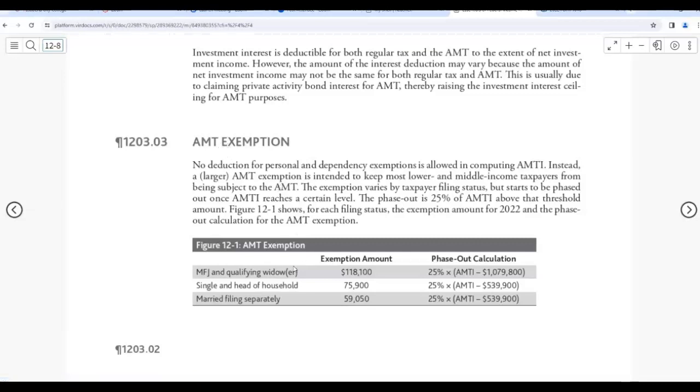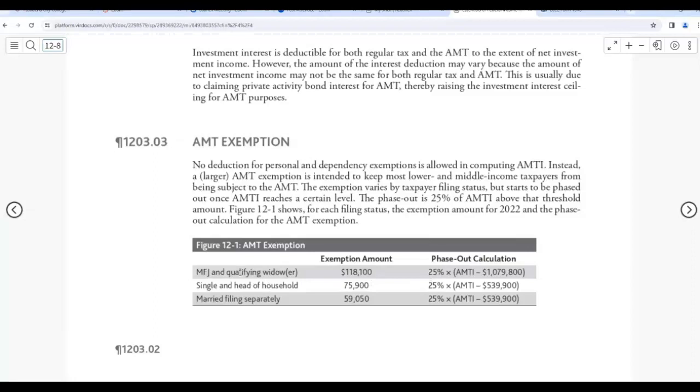So the AMT exemption, let's say for married filing jointly, is $118,100, and it will phase out by a certain calculation, which is $1,079,000 times 25%.